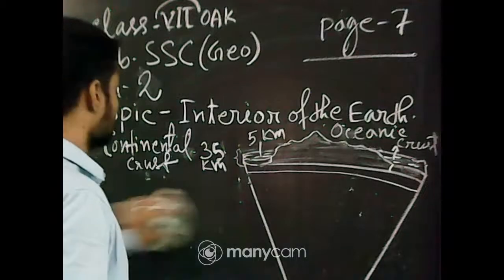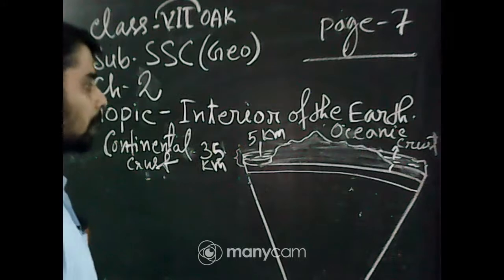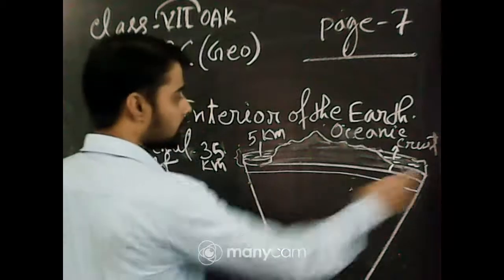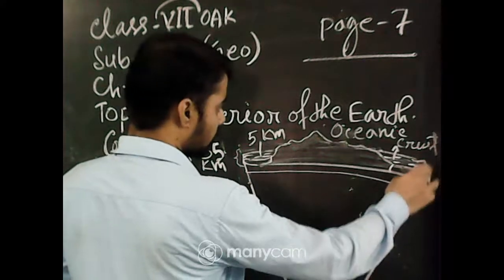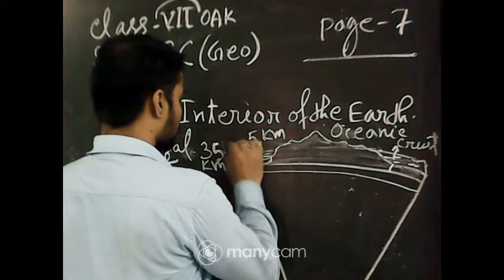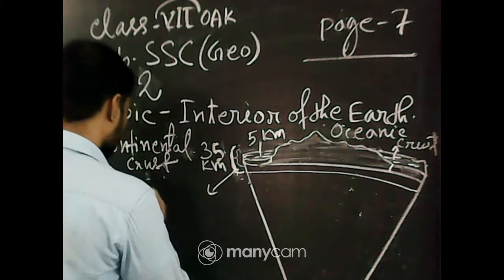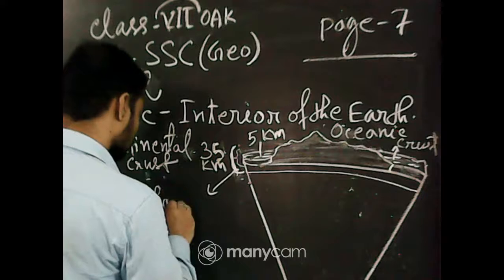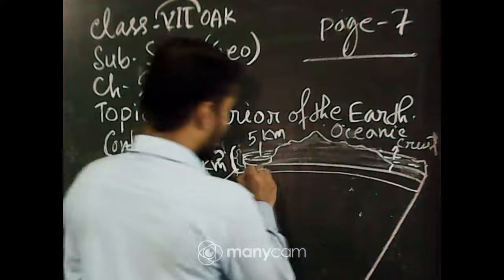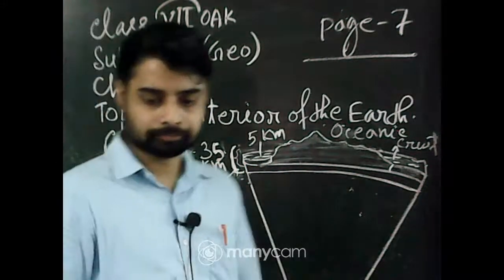Now, the uppermost part of the mantle is also included with the crust, and this area is called the lithosphere. The uppermost layer of the mantle is called lithosphere.